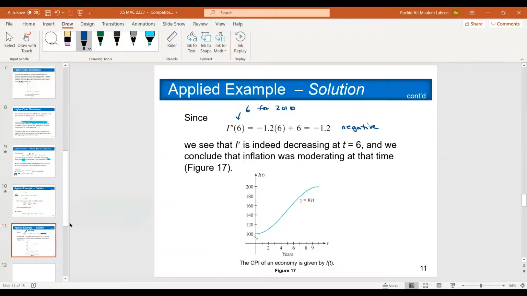So what does that mean? We see that I prime is indeed decreasing. So if we graph this function at t equals 6, we conclude that the inflation is moderating at that time. And so look at the curve here.